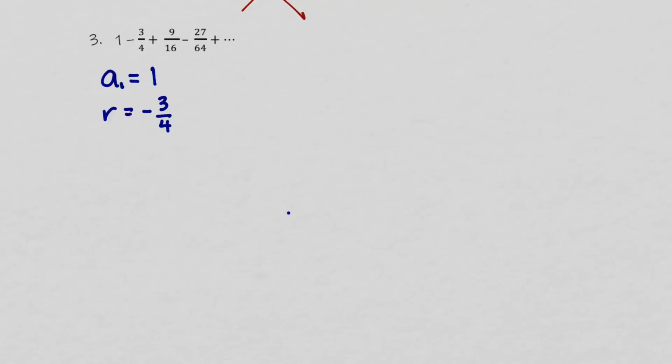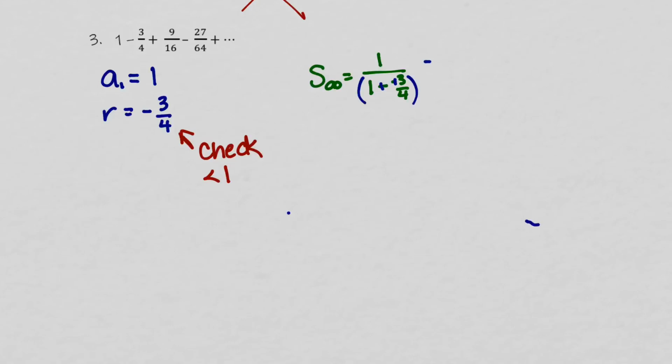If I check the absolute value of it, it is less than 1, so we're good here. So I can plug it into my equation. The sum of infinite terms is a1 over 1 minus r. Remember, minus a negative, you're going to end up with plus a positive, and make sure that's in parentheses, and you get 4/7.